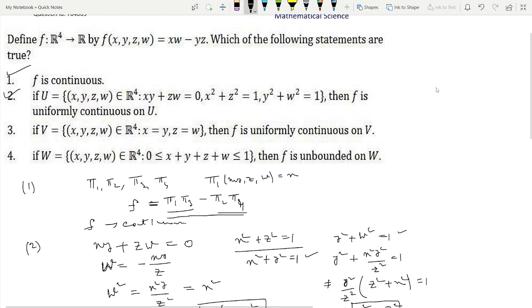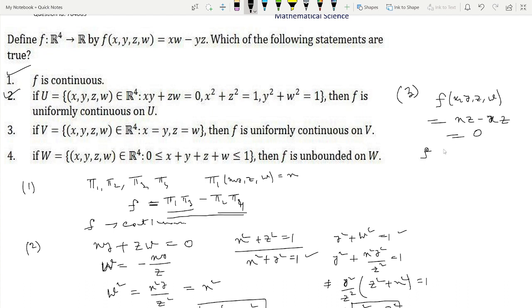Now see for option 3, this we can solve very easily, because our domain V is such that x, y, z, w satisfy x equal to y and z equal to w. Then f of x, y, z, w becomes, putting w equal to z and y equal to x, x into z minus x into z, which is 0.